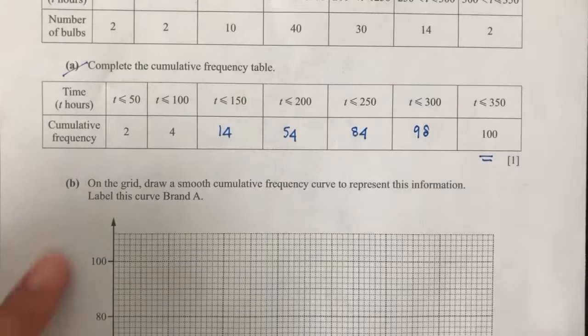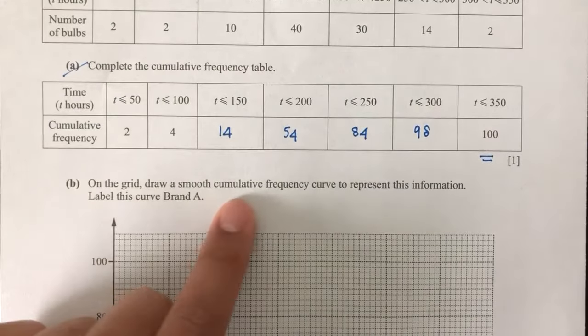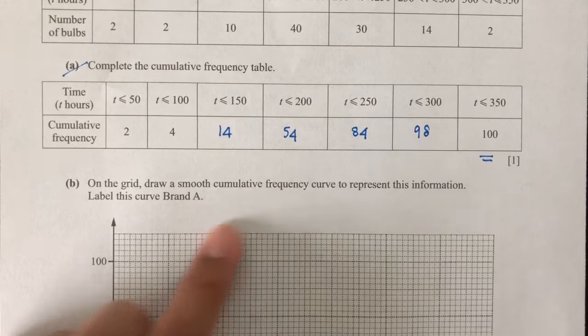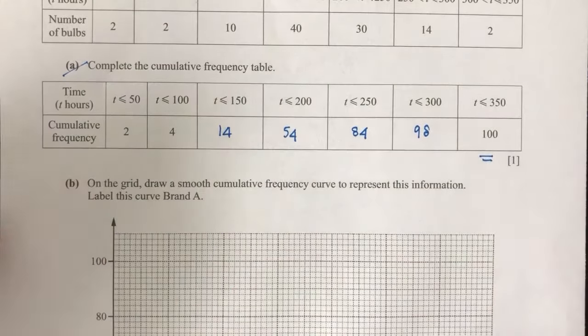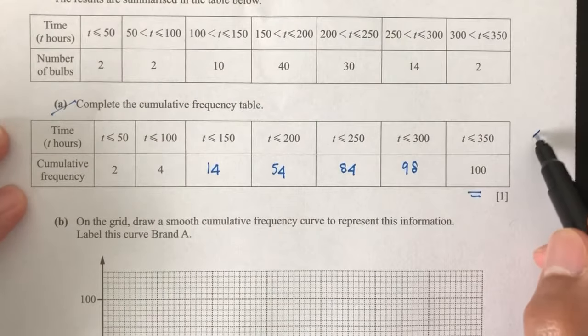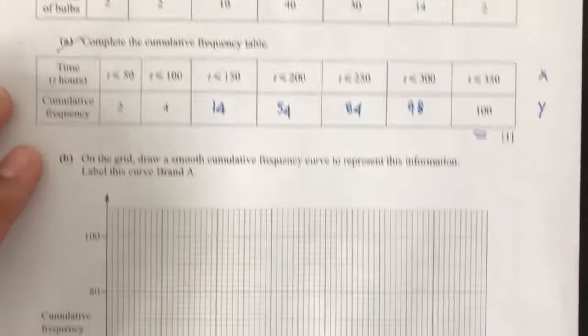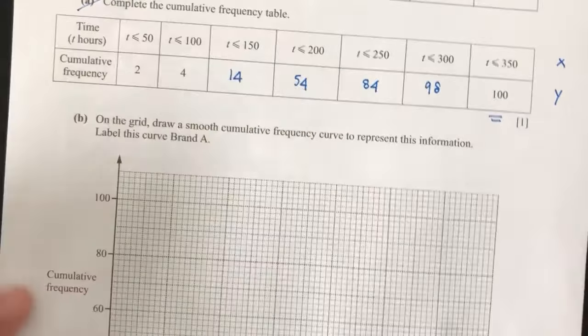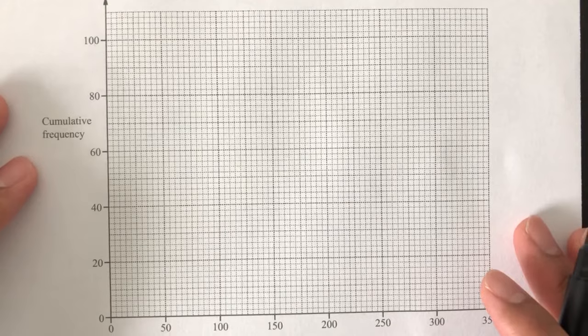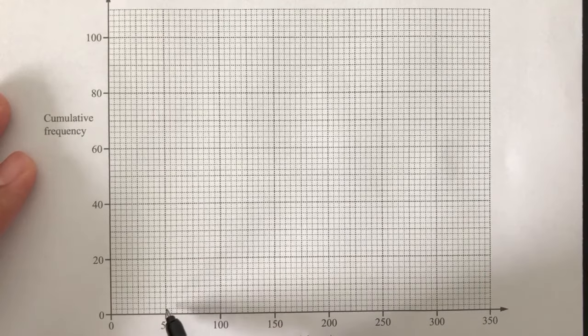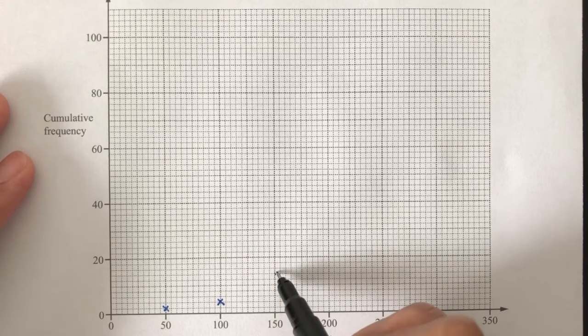Okay, so now part B. On the grid, draw a smooth curve and label the curve brand A. So let's do that. This is the X and Y, the points. The first point is 50 and 2. So 2 will be here. Second point is 100 and 4, right here. 150 and 14, that should be 7 squares.